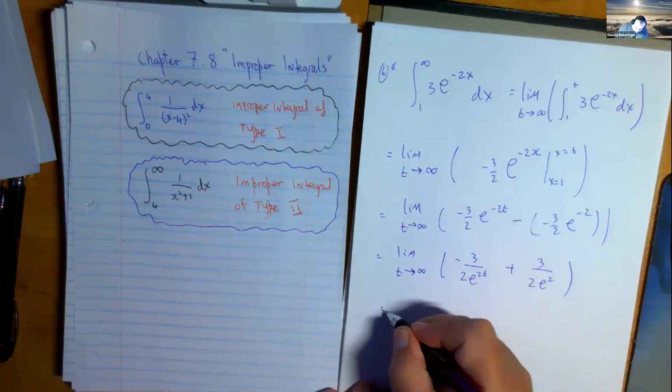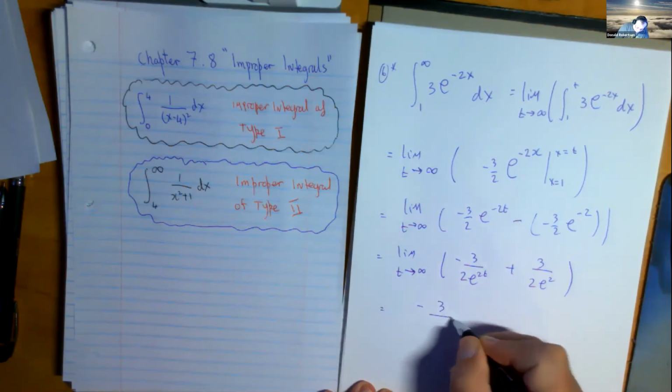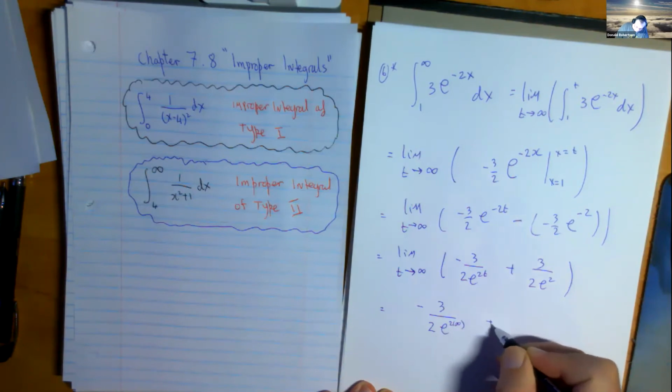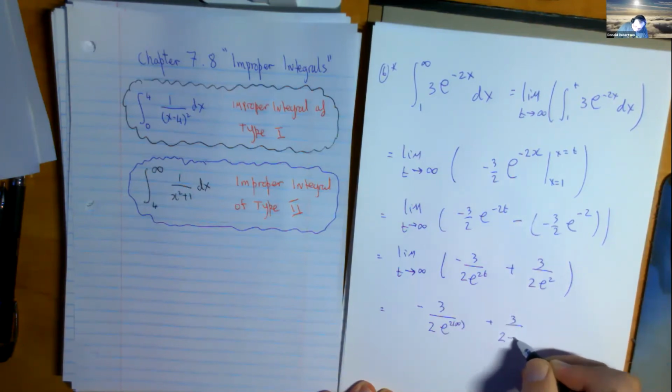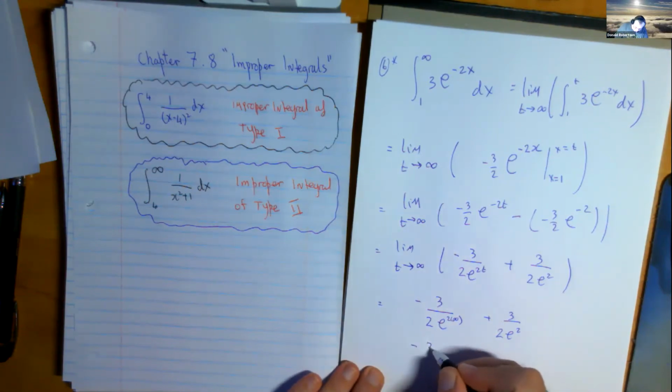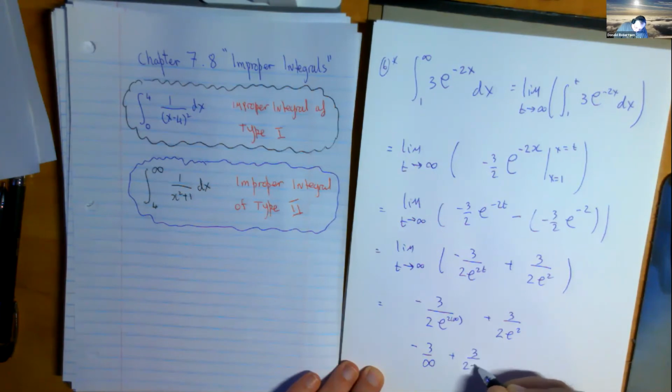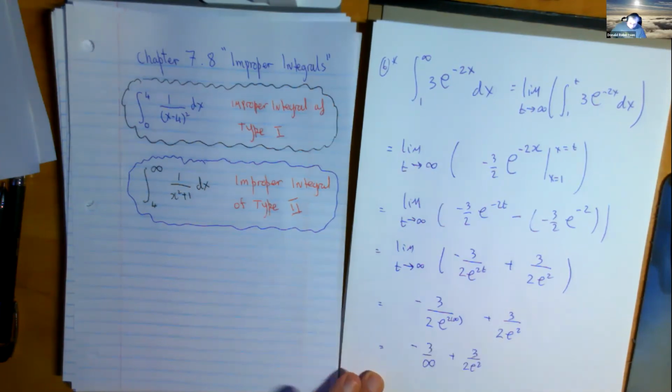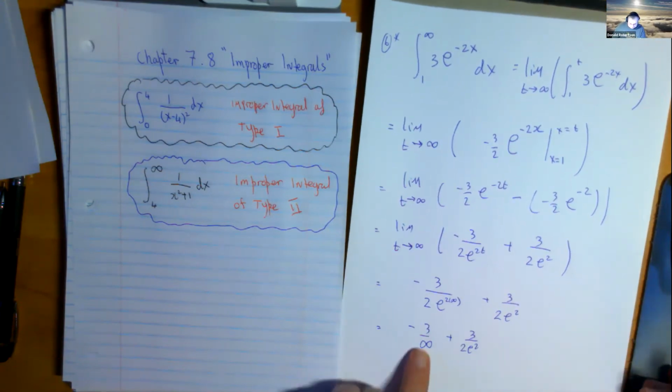Now brute force again. Two infinities is infinite. E to the infinity is infinity. Two lots of infinity are still infinity. We are going to get that guy. What does -3/infinity get you? 0.